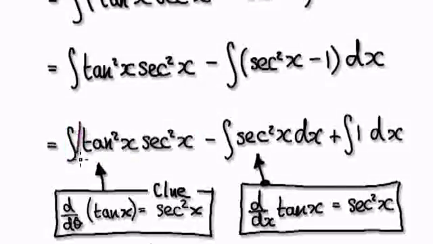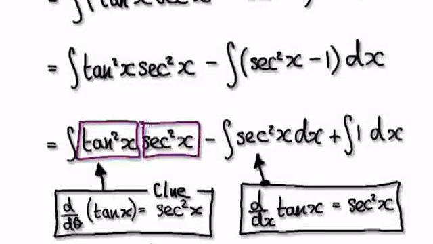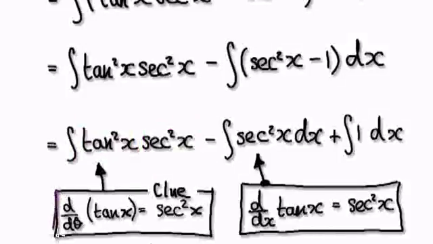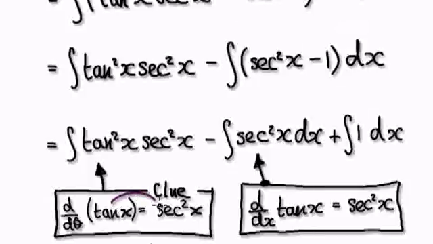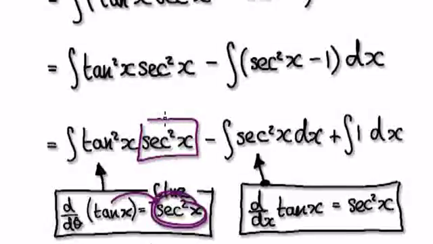Remember when you come to integrate, try to look for something where the derivative is inside the integrand. This is a big clue here, because when you differentiate tan, it will give you sec squared, but then sec squared is within the integrand.